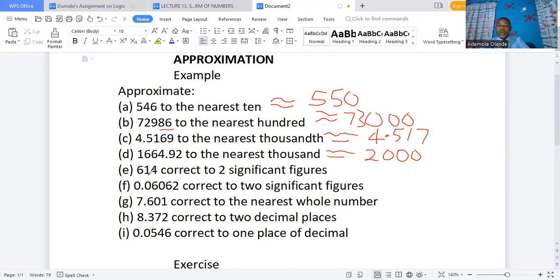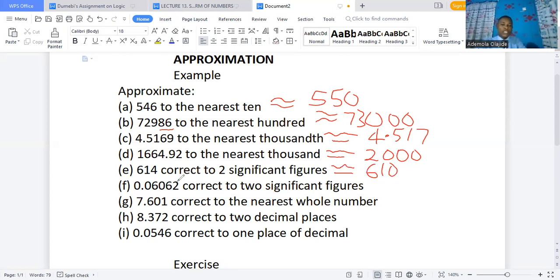We would have written 61. We now check the next digit. If it is 5 or more, you can round up. But 4 is not up to 5, so we round it down. That means nothing is to be added to this 6 or to this 1. So it will now be 61. In place of every other digit, you put 0 there. So we have 610 to 2 significant figures.